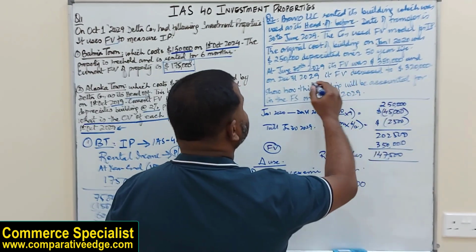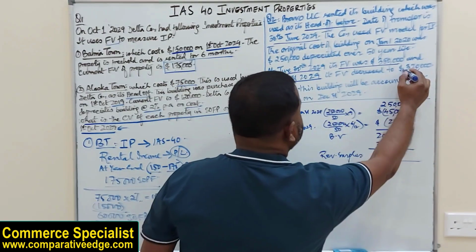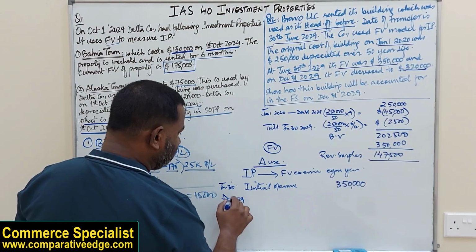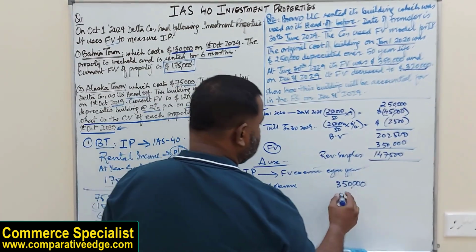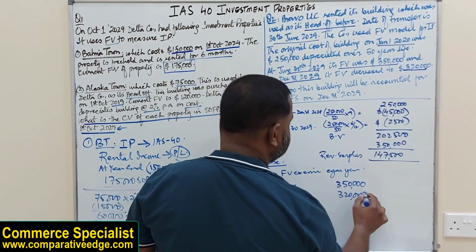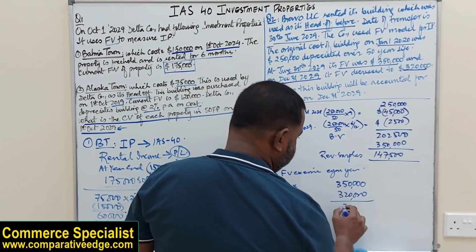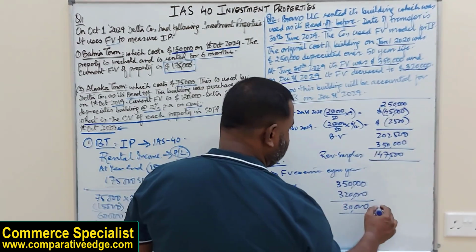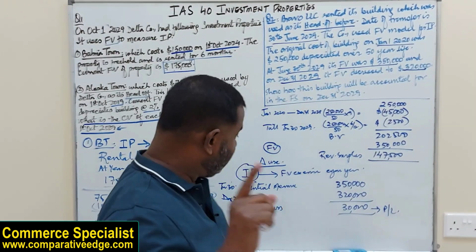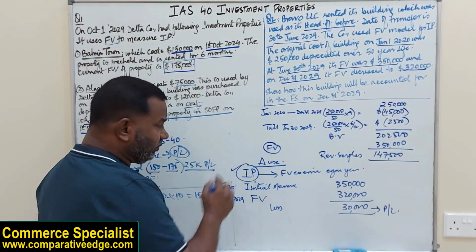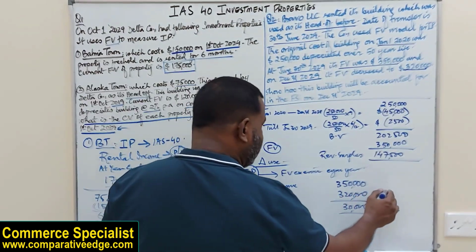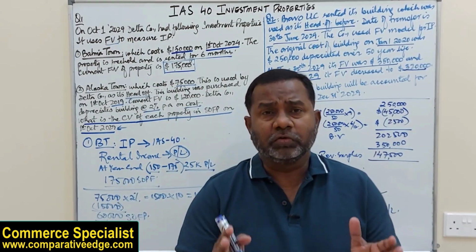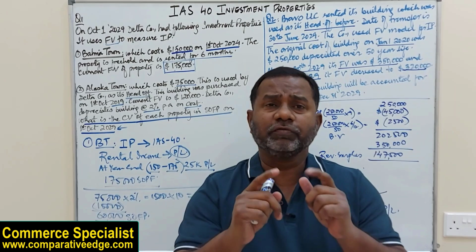And by December 2029, the fair value was 320,000. So by December 2029, its fair value reduced to 320,000. So this gives you a 30,000 loss, and this 30,000 loss will be transferred to profit and loss. Now, one thing you need to understand is that this investment property, which is now valued at 320,000 at December 31st, 2029, will not be subject to depreciation any further. Why? Because we are using fair value model.